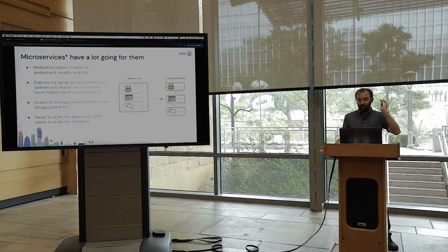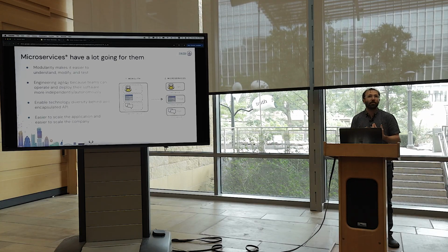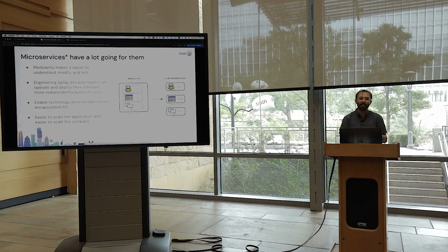So to be clear, throughout the rest of this talk, when I say the word microservices, I'm probably really referring to microservices or serverless microservices or lambdas. They have a lot going for them, right? The modularity of breaking your app into a bunch of different pieces makes it easier to understand those pieces, to modify them, to test them.